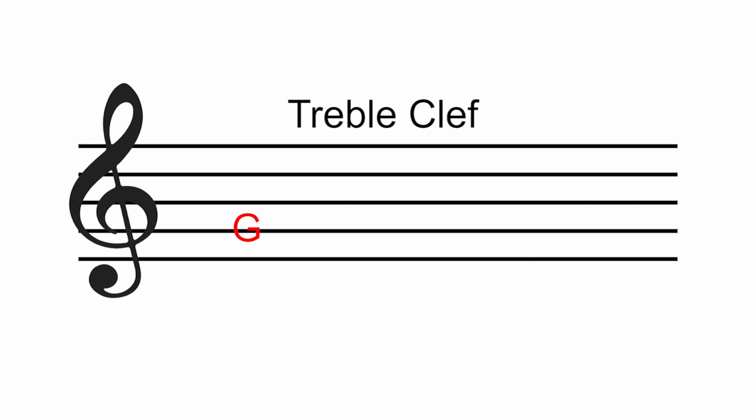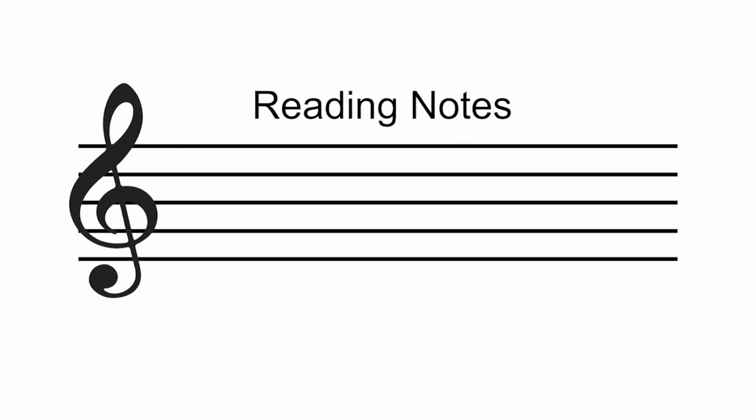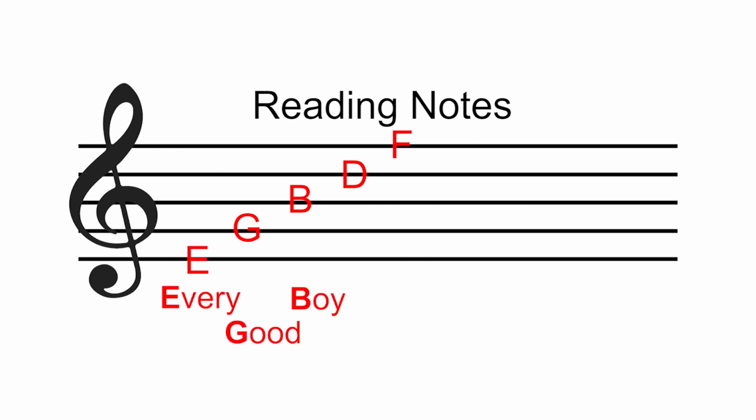G. The lines are what notes? E, G, B, D, and F. How did you know? Every good boy does fine. Or you used the clef to help guide you in finding the note G.